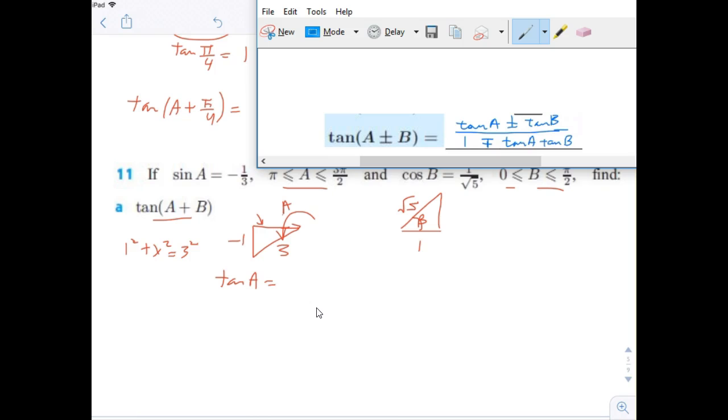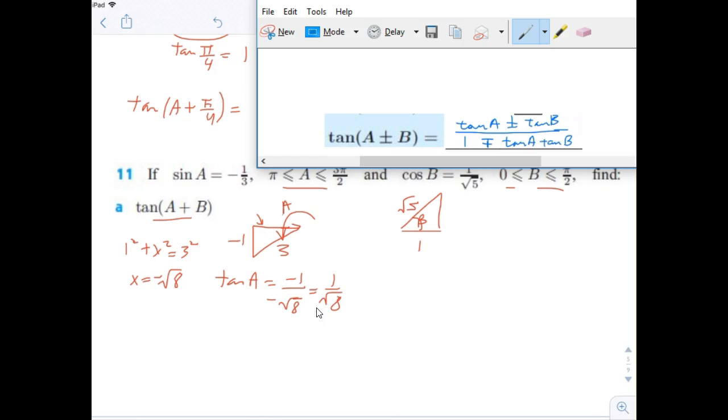So that would be 1 plus x squared equals 9. So x squared equals 8. So x equals the square root of 8. And you see how, since this triangle is in the third quadrant, it would actually be x equals negative square root of 8, right? So the tangent of A would be the opposite, which would be negative 1, over the adjacent, which is going to be negative square root of 8.